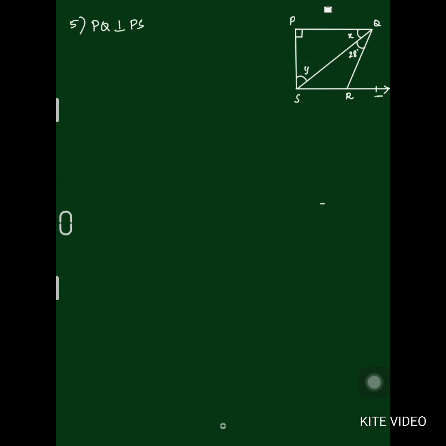PQ is perpendicular to PS and PQ is parallel to SR. Then angle SQR is given 28 degrees and angle QRT is given 65 degrees. We have to find what is X and Y.